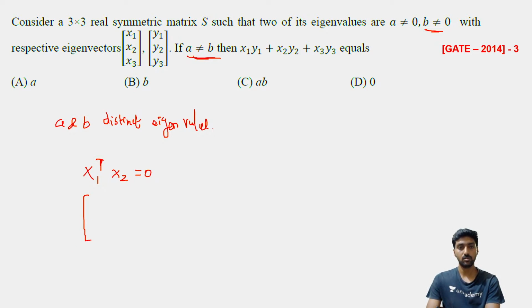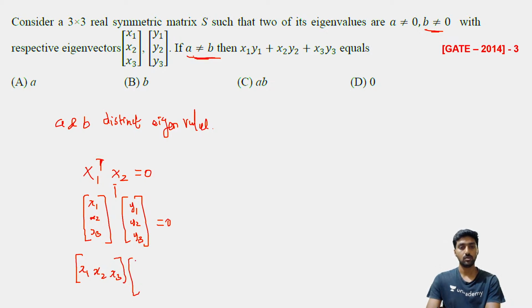x1 is equal to x1, x2, x3 transpose into y1, y2, y3, and it's equal to 0. Now single row, single column, so a single element, row into column.